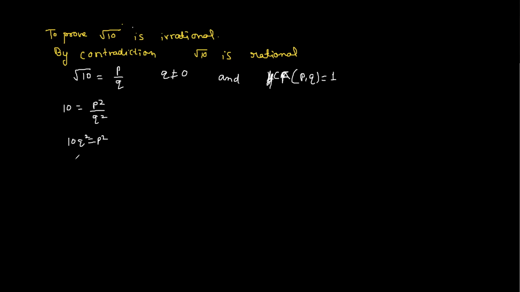Now you can see that P square means what? 10Q square? Yes. It means that P square is divisible by 10.